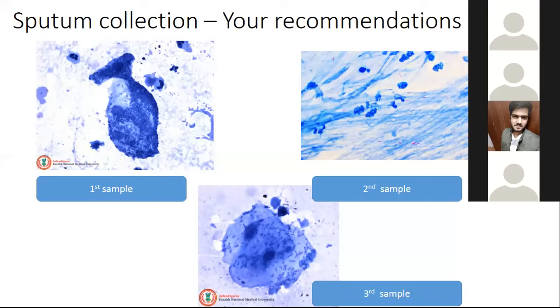Why do you think so? Explain, please. Ma'am, because saliva is just a liquid mixture and it doesn't make colonies as we can see in the third sample. And ma'am, we can see WBCs in between them with dot-shaped bacteria.